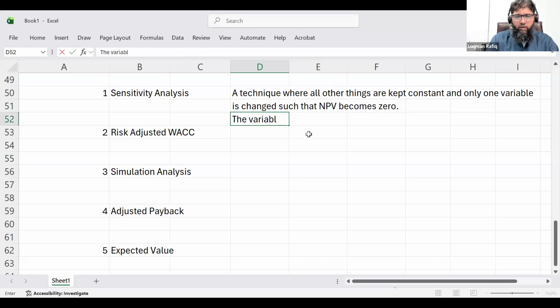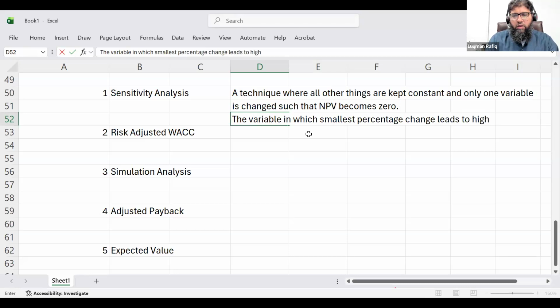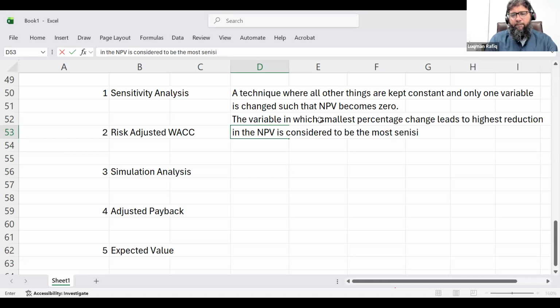The variable in which the smallest percentage change leads to the highest reduction in the NPV is considered to be the most sensitive variable.